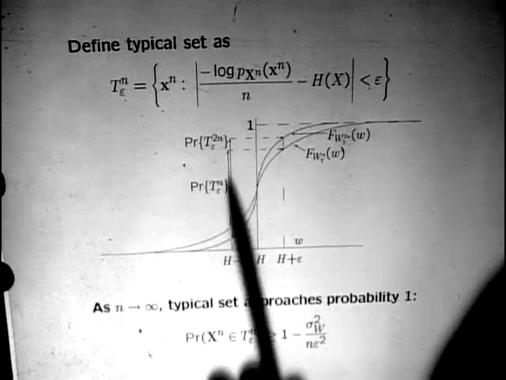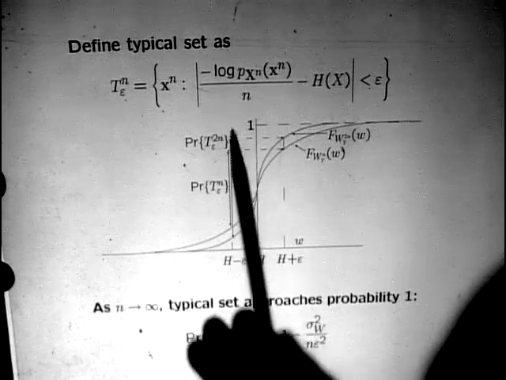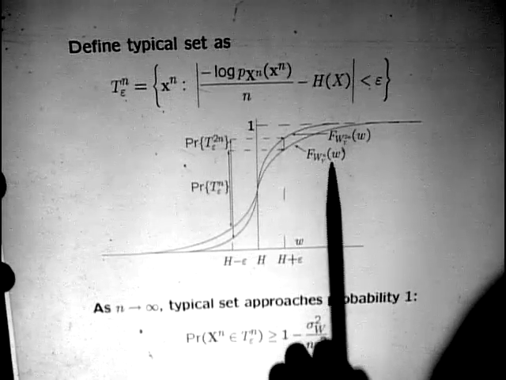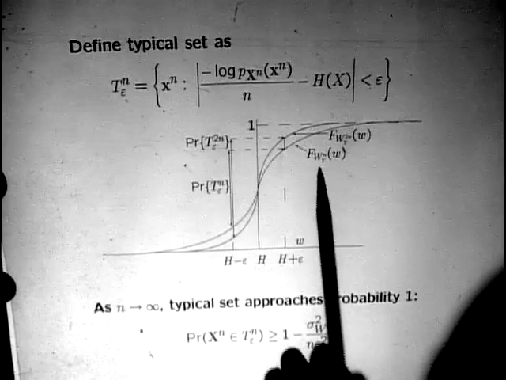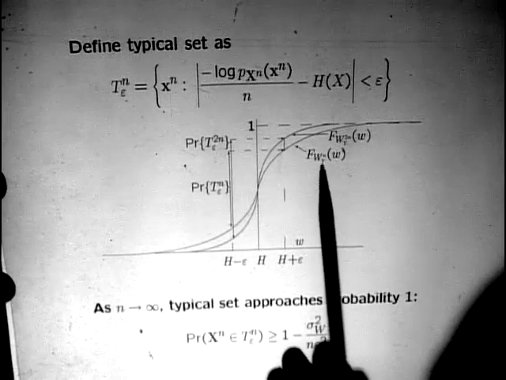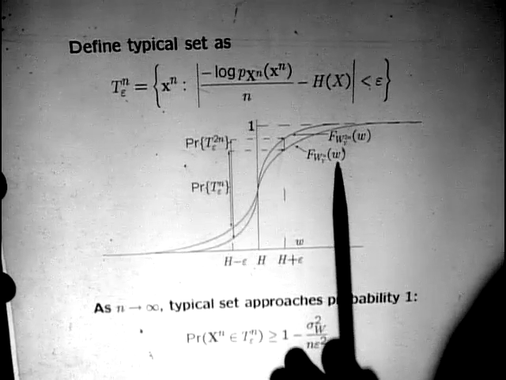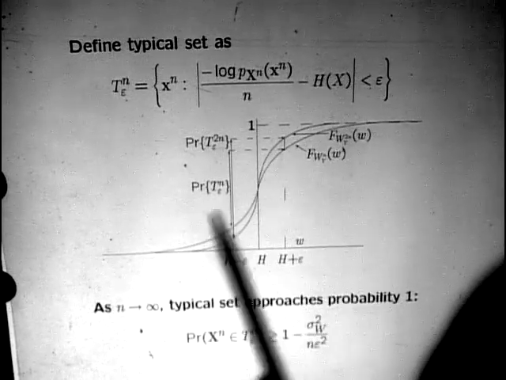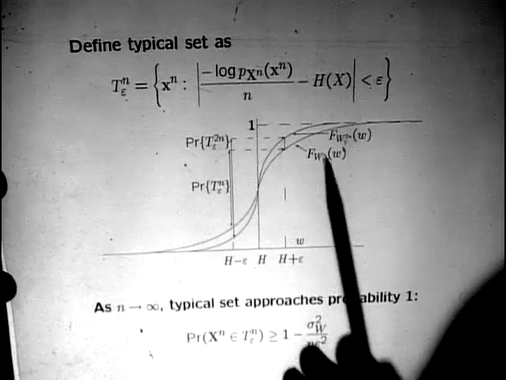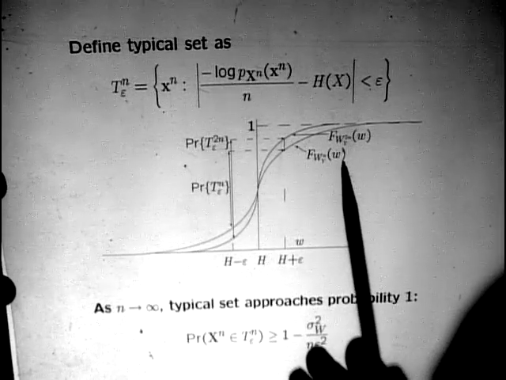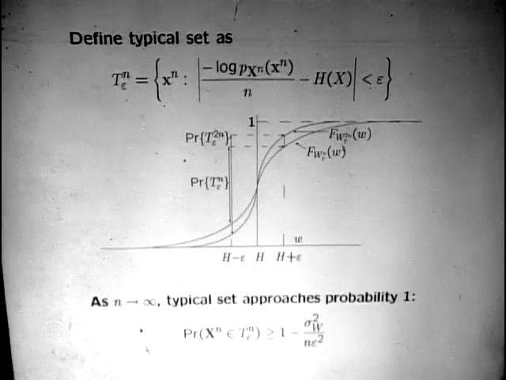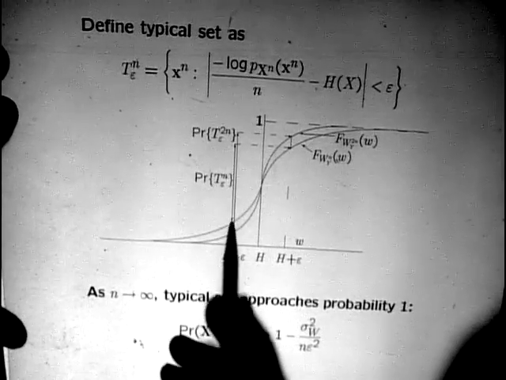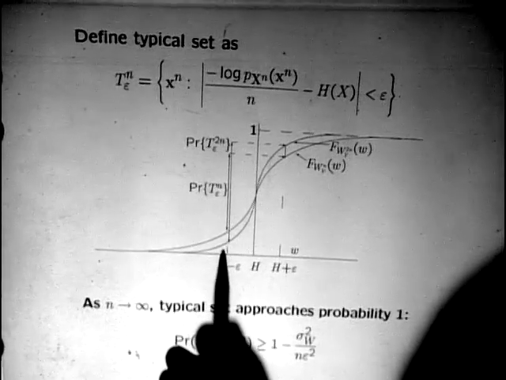So I can write down the distribution function of this random variable here. This is a random variable W, and I'm looking at the distribution of that random variable W. And this quantity in here is the probability of this typical set.